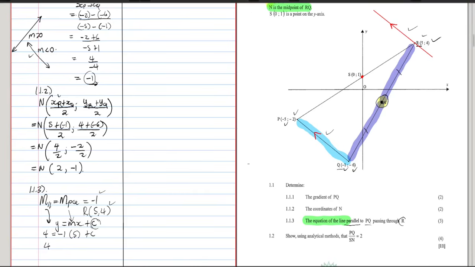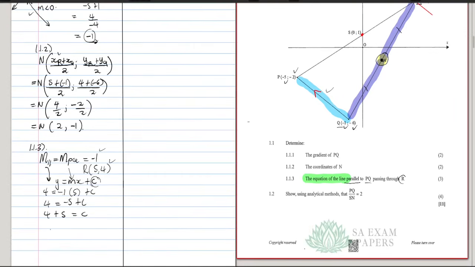So -1 times 5, that's going to be -5, so -5 plus c, and then 4, bring the 5 over to the left. We now have 4 plus 5, and when we add, we get a 9. Now the overall equation becomes, we substitute the gradient, y = -1x plus c, that's 9. This is the equation of the straight line, of the red straight line. Let me just highlight it like this.